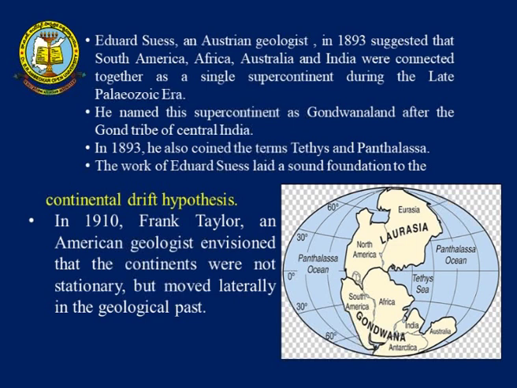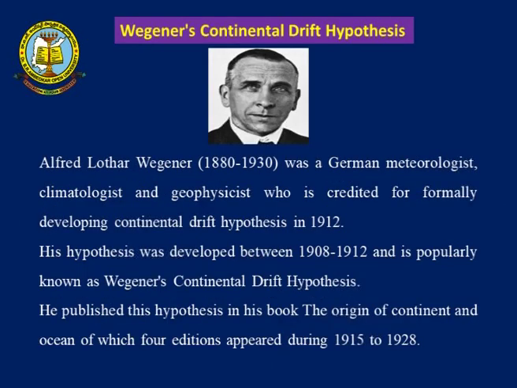Then came Wegener's hypothesis, that is Wegener's continental drift hypothesis. Alfred Lothar Wegener, 1880 to 1930, was a German meteorologist, climatologist and geophysicist who is credited for formally developing the continental drift hypothesis in 1912.